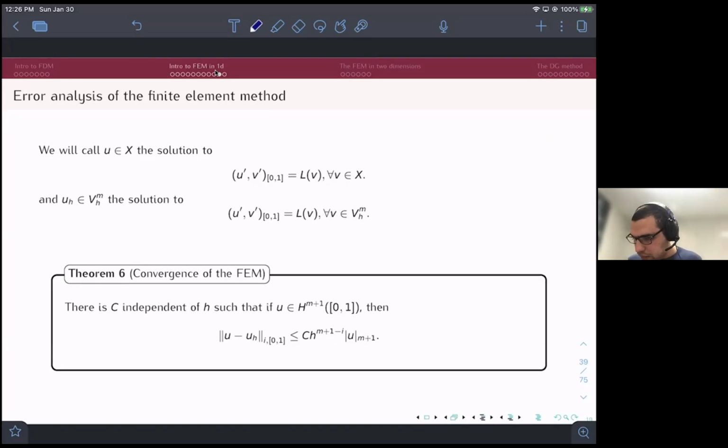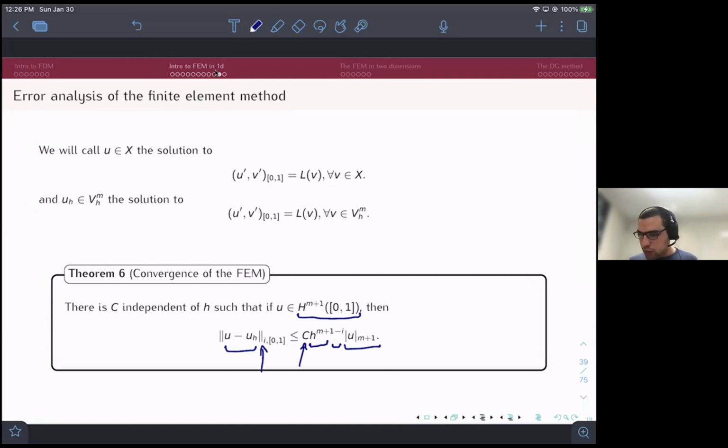If I assume that my function is smooth enough, the norm of u minus u_h, the approximation, in the H^i space, so this is an i here, so I'm taking derivatives and computing the error also in the derivatives, is bounded by a constant C times h to the m plus 1 minus i times the semi-norm of u of order m plus 1.